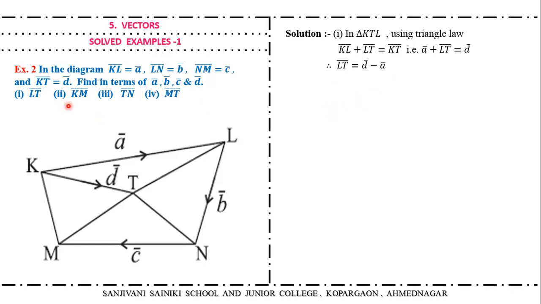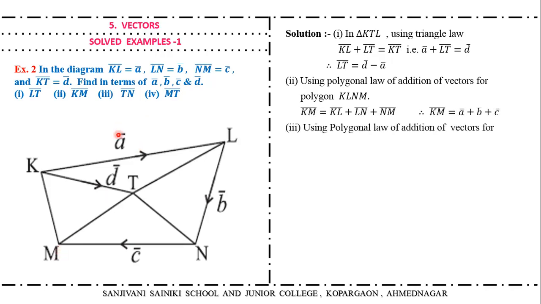Now we want to find KM bar. For this we will use the polygon law. KM bar is the same as KL bar plus LN bar plus NM bar. Putting the values of A bar, B bar and C bar, I get KM bar as A bar plus B bar plus C bar.